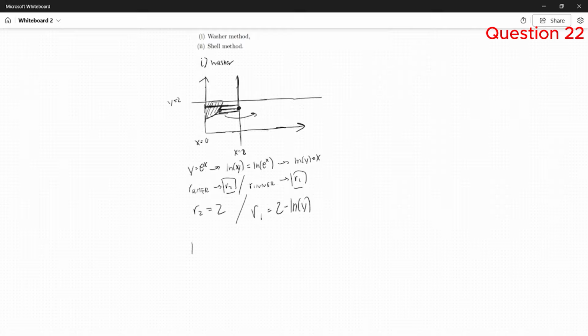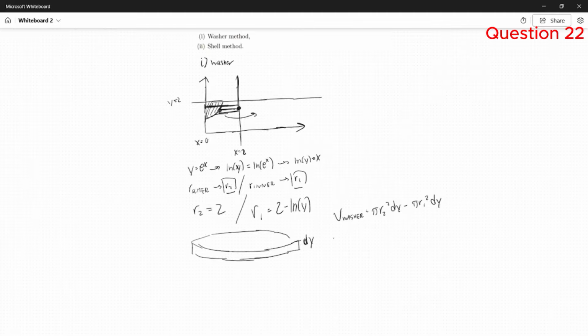We know that for any washer, or for any cylindrical shape like this, there has to be a height. The height here is dy because that's the axis along which we're integrating, and the volume for a washer would be pi r2 squared dy minus pi r1 squared dy.